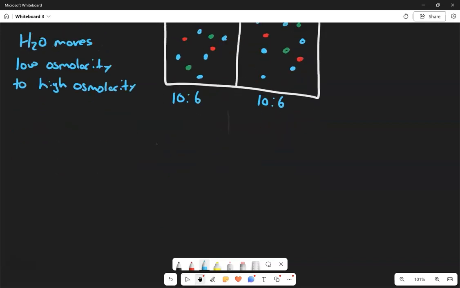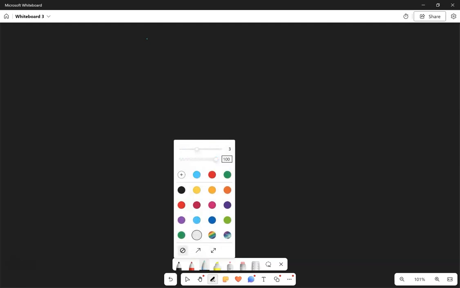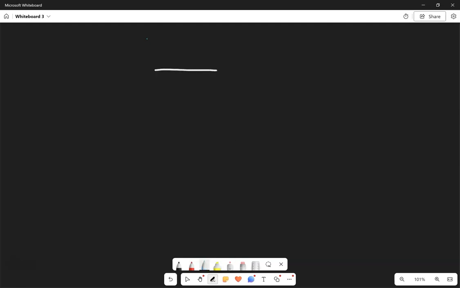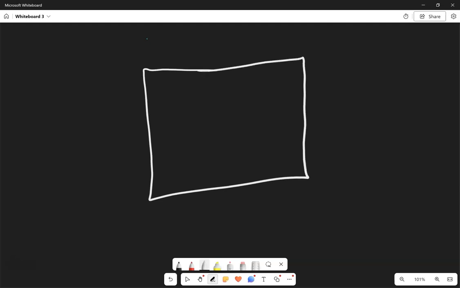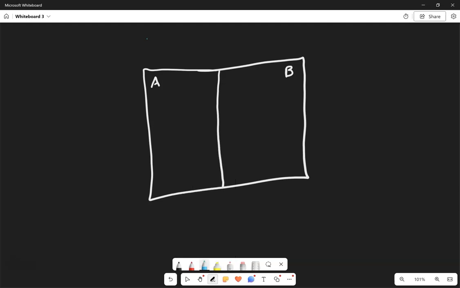So let's take a look at this with an example. Draw our box again. Divide it into 2 compartments. Permeable only to water. Box A. Box B. And we're going to say that box A has an osmolarity of 550 milliosmoles.